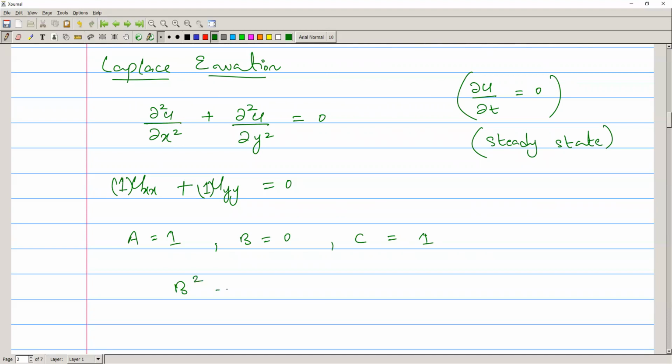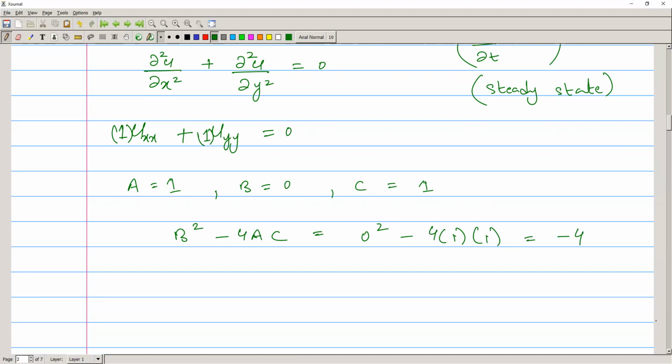So B squared minus 4AC will be equal to 0 squared minus 4 times 1 times 1, that is equal to -4, and -4 is less than 0. So this is an elliptic type of PDE.